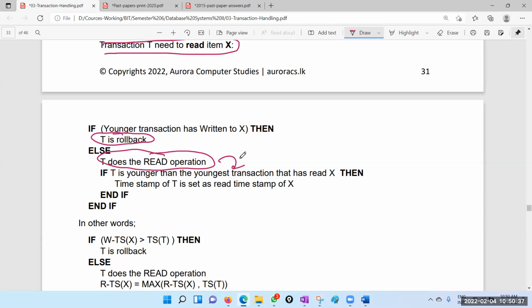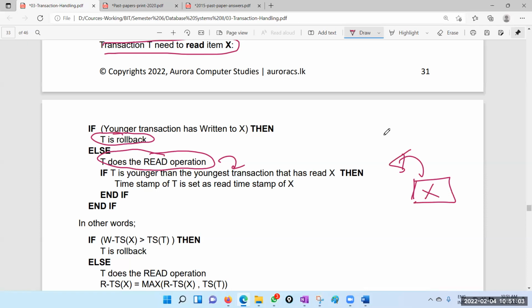No, you can't do that. Now you have to look at the read timestamp of the resource. If a younger transaction has read it, not written, then you don't have to update the read timestamp. You can read it, but you don't have to update the read timestamp.